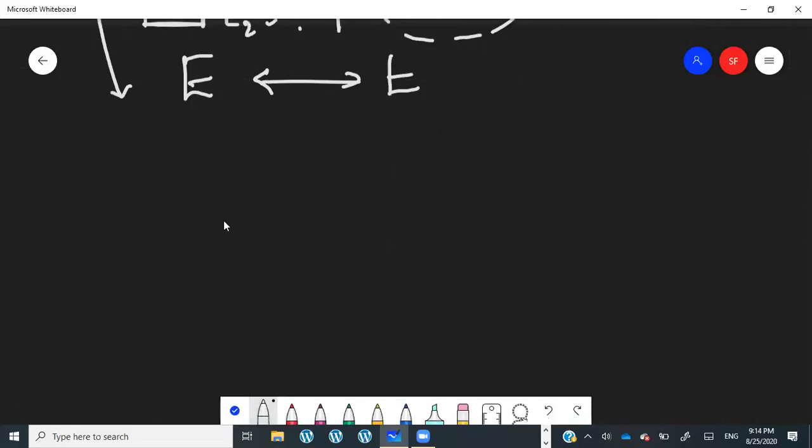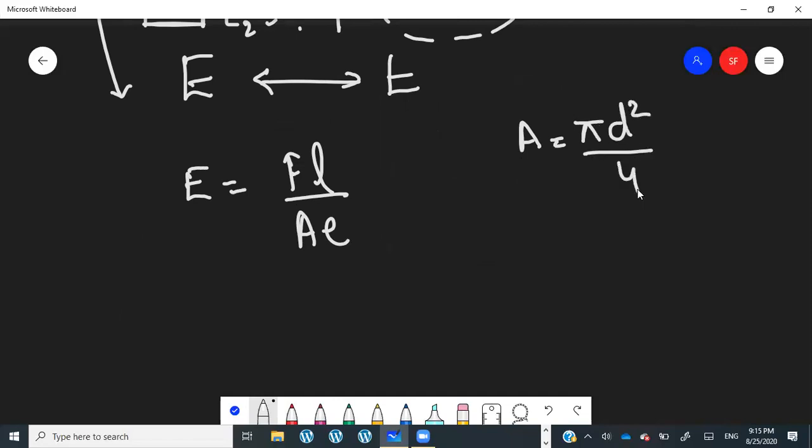Finally, there is another way of writing the same formula. Extension is equal to FL over AE. Instead of writing it as A, I can write it as pi d squared upon 4, right? So if I plug this over here, it's going to become FL over pi d squared E, and then the 4 will go up.